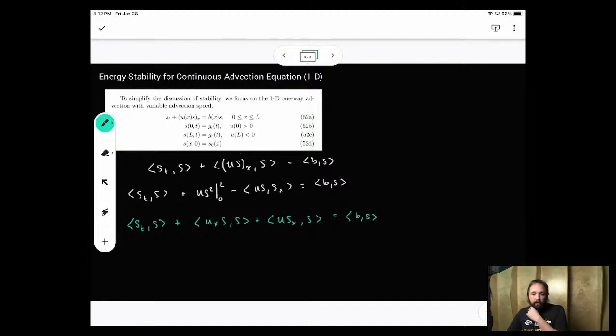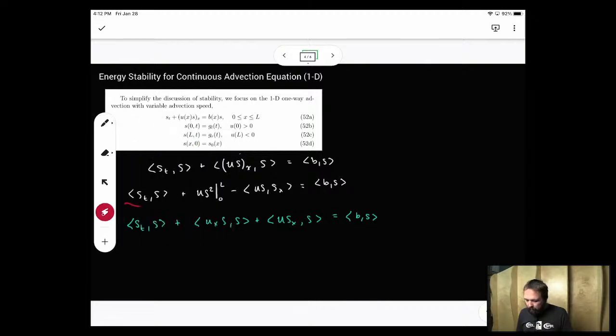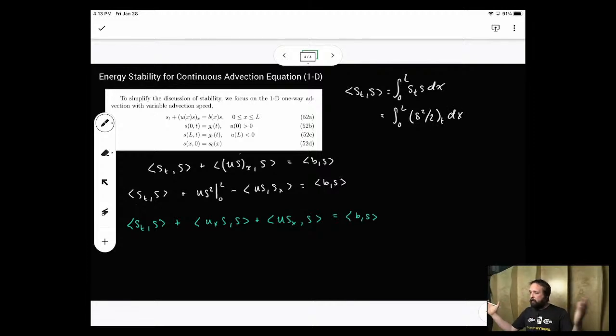So now we've got these two forms. There's a couple things here to recognize, so we're going to simplify a few things. One, let me get the laser pointer here. This term here, if we were to write that out, ds dt, inner product with s, that's going to be the integral from 0 to L of ds dt s times dx, where we're integrating over x, and we can do a little bit of, again, some chain rule here. We get s squared on 2t dx, and then because my domain boundaries are not moving, I can pull that time derivative outside of the integral.